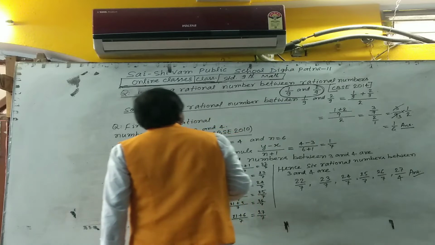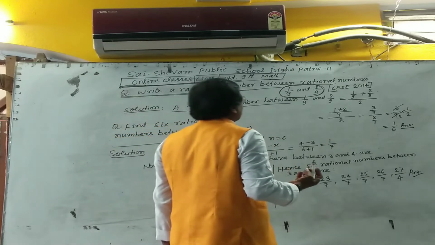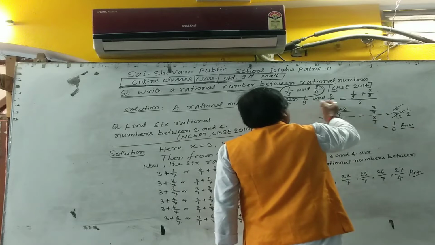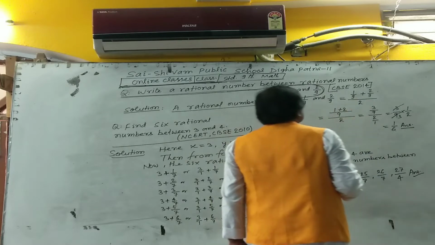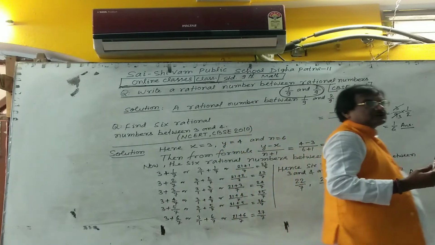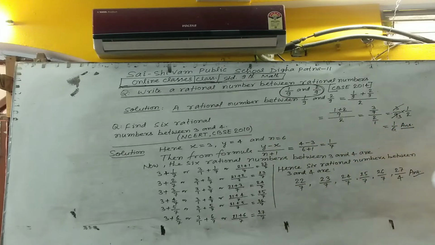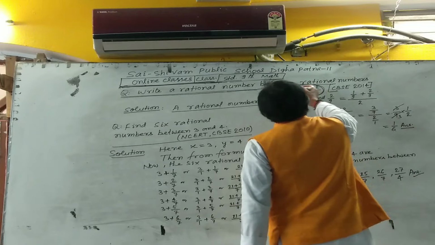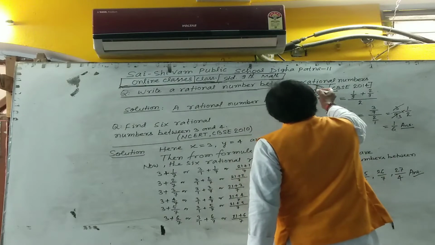For this, you just add them and divide by 2. Then you get a rational number between these two fractions.